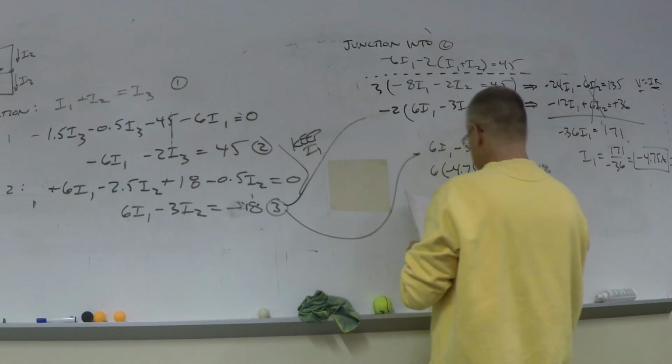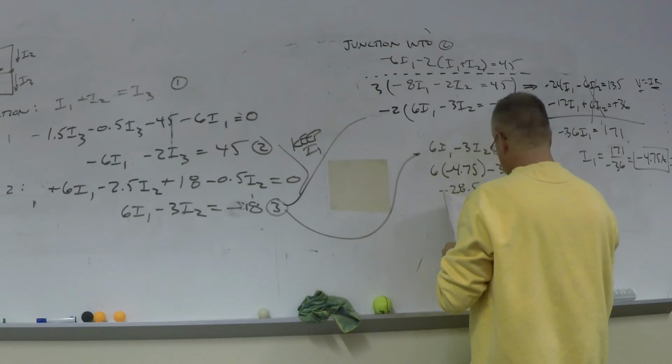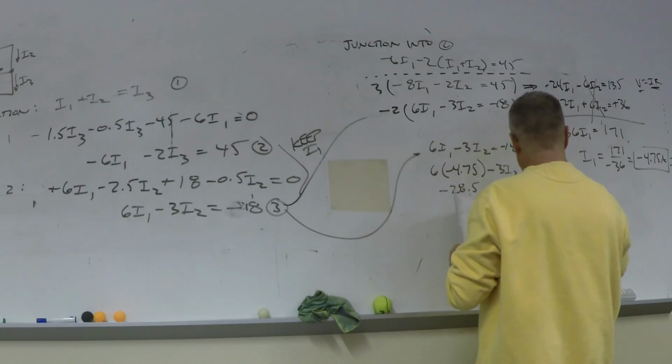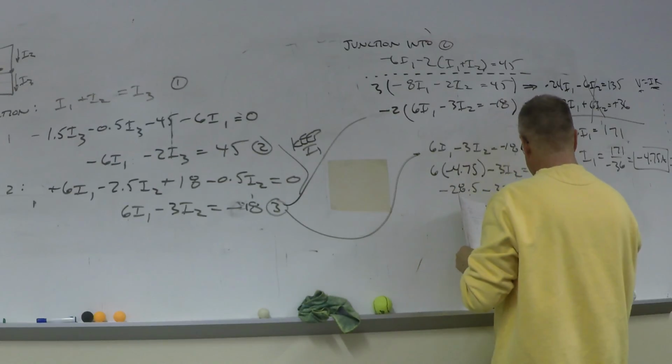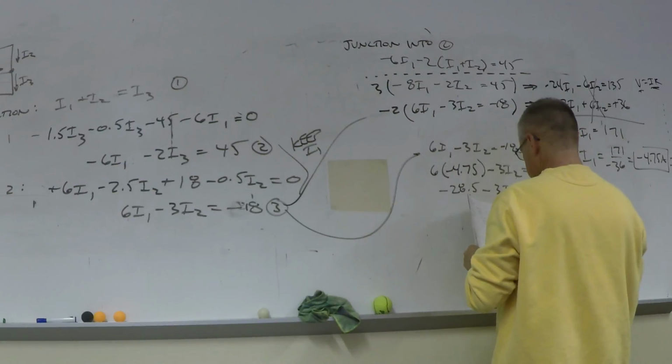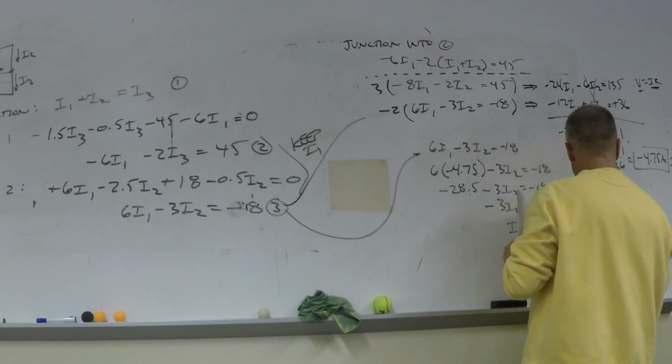Minus 18 minus 3I2s is equal to a plus 10.5, or I2 is equal to 10.5 over minus 3, which comes out to be minus 3.5 amps.